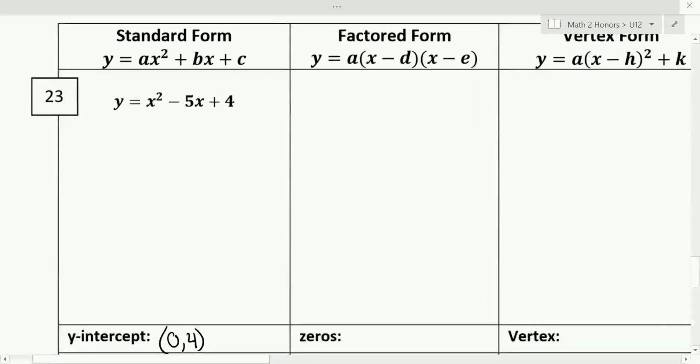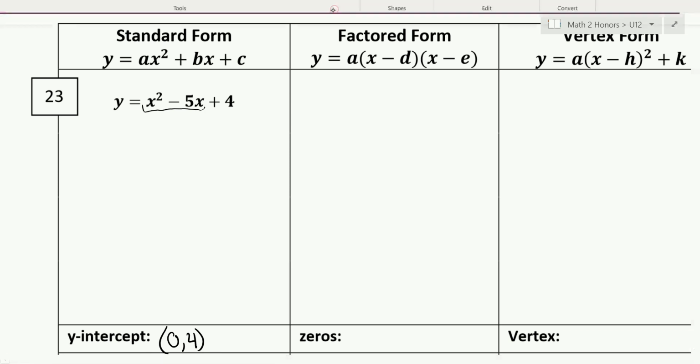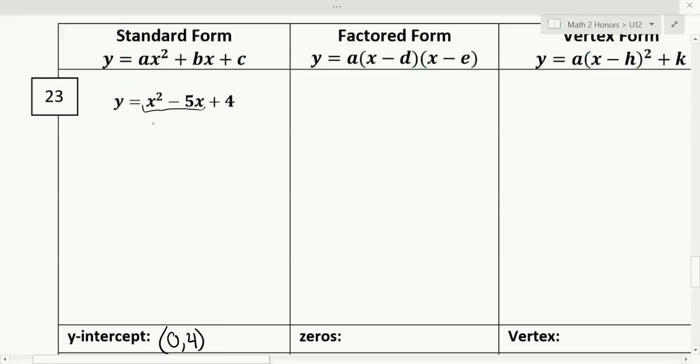So what we said to do is focus in on the parts with the x. And again, I'm going to think, what would I need to make that a perfect square? Little scratch work here. If I take the x squared minus the 5x, what would I want to add to create that perfect square?